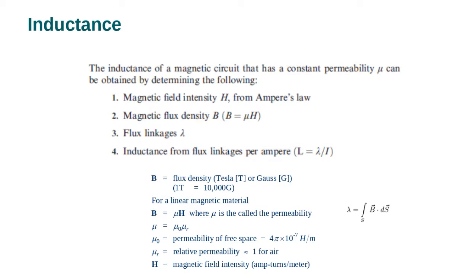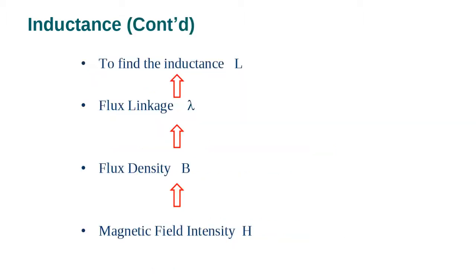So today we will focus on the inductance, and we mentioned the last time how to calculate the inductance. We started from magnetic field intensity. So if there is inductance, it comes to your mind, magnetic field. Then from H, we multiply by the permeability, mu, we get B, flux density. And from the flux density, we get the flux linkage.